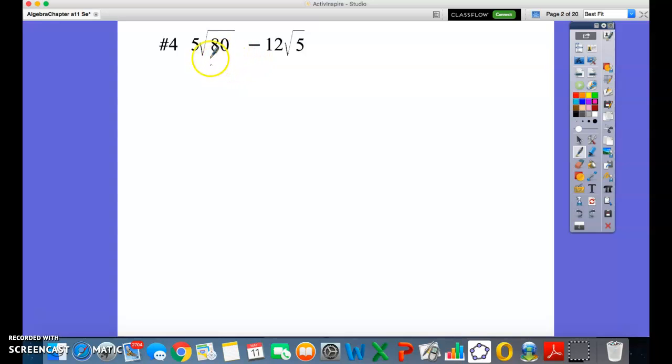Can we actually break this 80 into things that we can simplify further? One method is, you can always take the prime factorization. What is the prime factorization of 80? 2 times 40. So you get 2 and 20, and then 2 and 10, then 2 and 5, right?